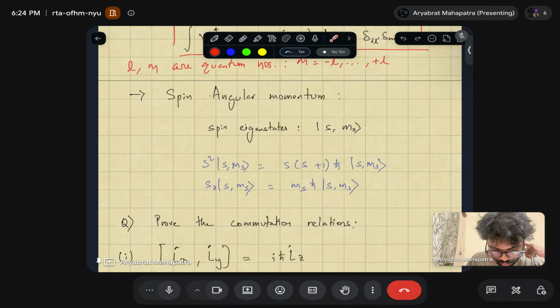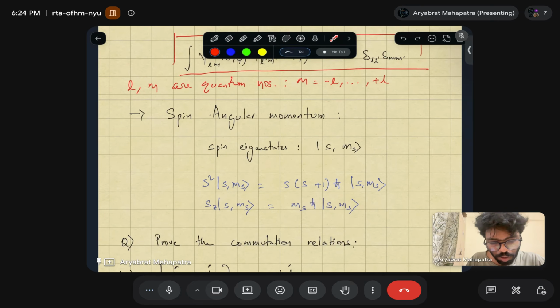Again, talking about angular momentum, there is one particularly mysterious concept when you talk about quantum mechanics. It is spin.